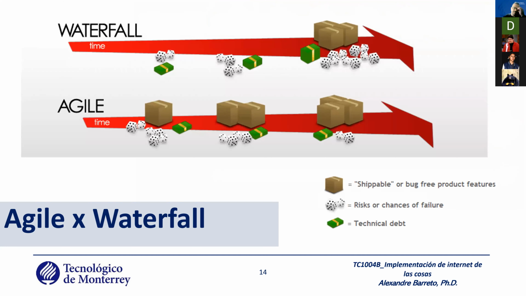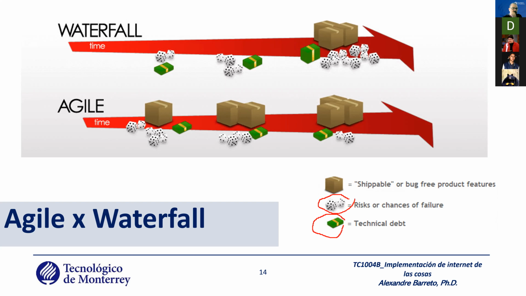This graph is much better. The box is the cheap or bug-free product features. This is real software, the done software. The dice are the risks, or chance to fail. And the money is the technical debt.